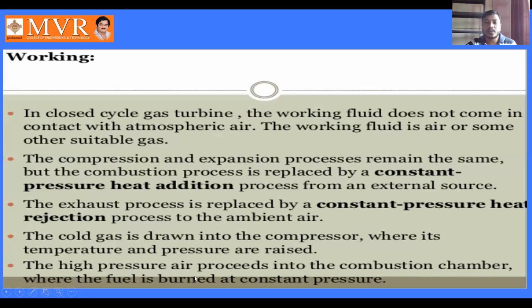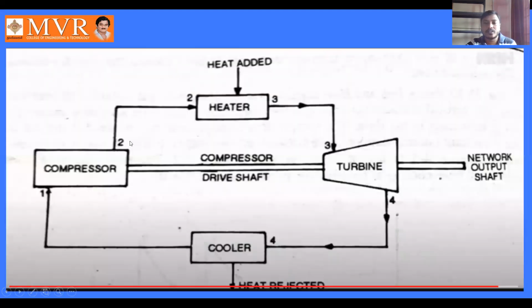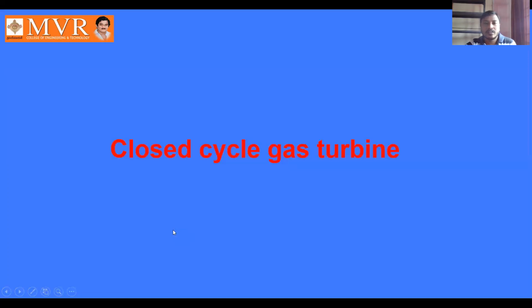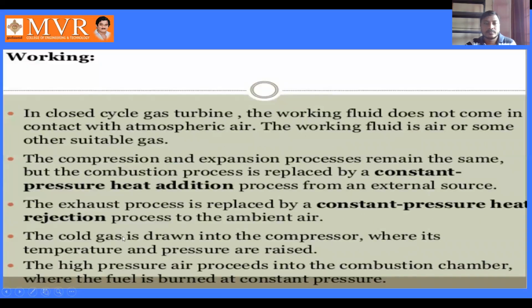The high pressure air proceeds into the combustion chamber, where the fuel is burned at constant pressure.